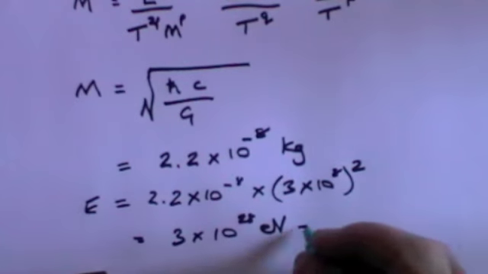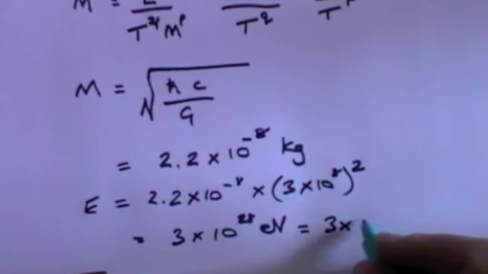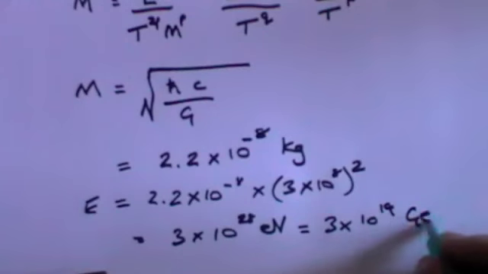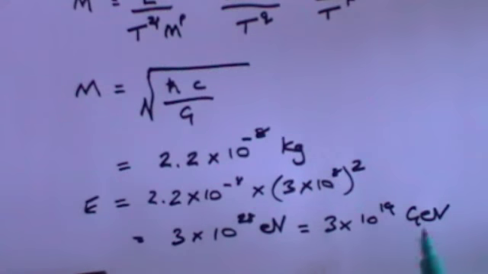Or if you like, 3 times 10 to the 19 GeV, since a GeV is 10 to the power 9. So that's 3 times 10 to the 19 GeV is the Planck mass.